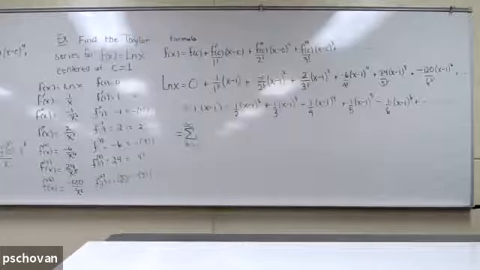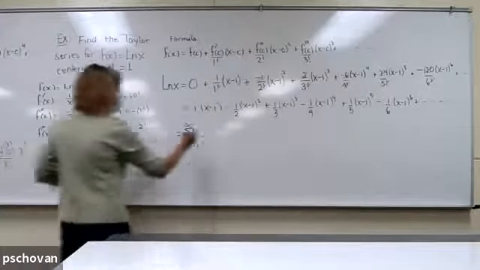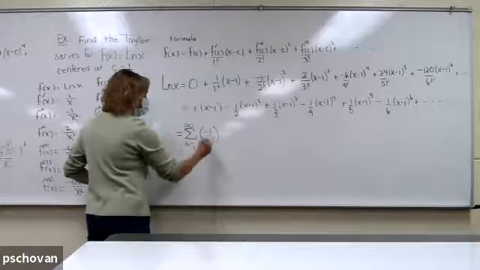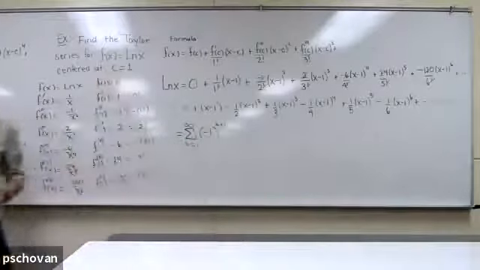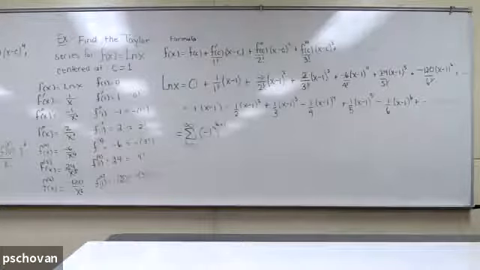First step, notice that it alternates: positive, negative, positive, negative. So I'm going to stick a minus 1 in here. K is my counter, so I have to increase k by 1 so that my first term is positive. That means when k is 2, I've got an odd power, so I'm going to get a negative sign, and so on. That'll guarantee that the signs alternate.